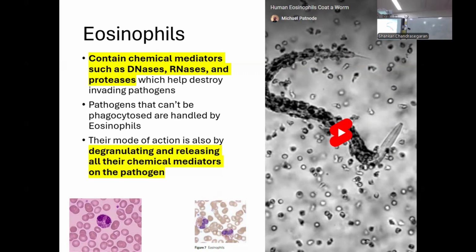They basically handle the cells that cannot be phagocytosed, and they release all their chemical mediators when they are exposed to the pathogen. They are basically suicide bombers that carry chemicals, and they do not like it when pathogens are invading. So they release these chemicals as a way to stop them, or basically kill them as well.